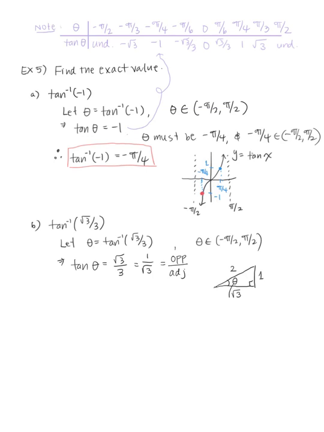And theta is 30 degrees, but theta is also pi/6. Now, since pi/6 is between -pi/2 to pi/2, we're good to go. So therefore, tangent inverse of √3/3 is going to be pi/6.